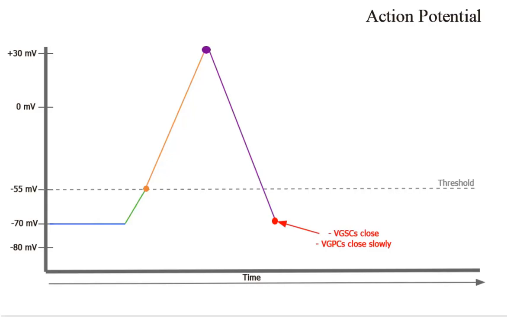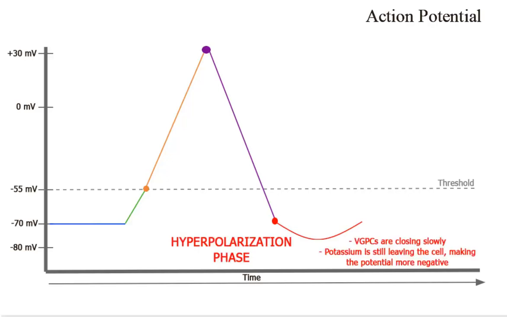And as long as they're a little bit open, potassium is still going to rush out of the cell. As the potassium still leaves the cell, the membrane still becomes more and more negative. And that leads to this phase here, which is the hyperpolarization phase.